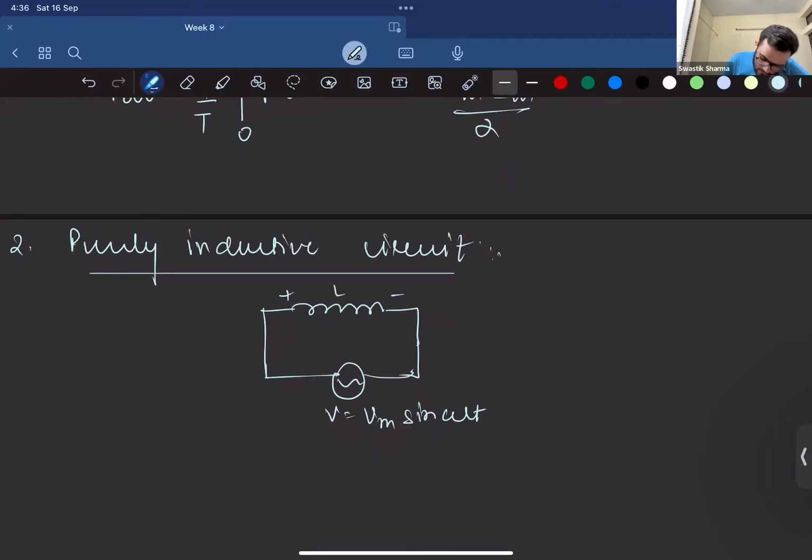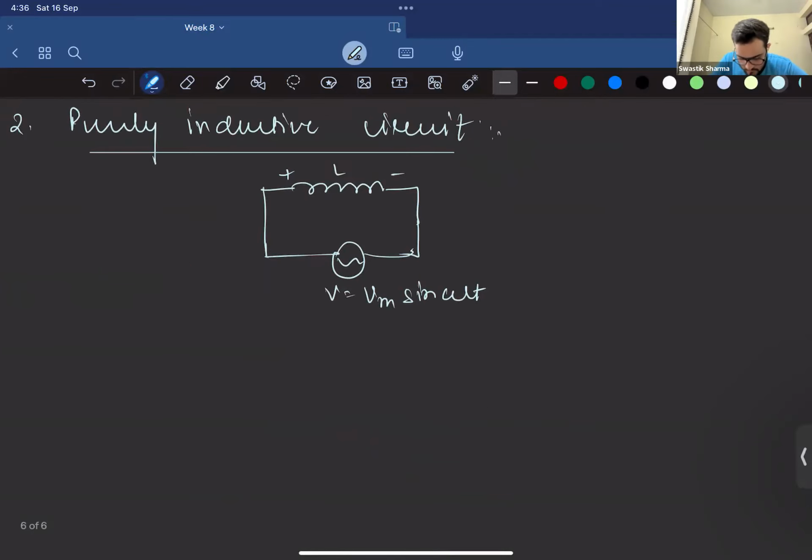So let's say this is the inductor. What is the inductor voltage? We discussed it last time. It's L di by dt, right? Is it correct? And what is VL over here? VL is nothing but Vm sine omega t.